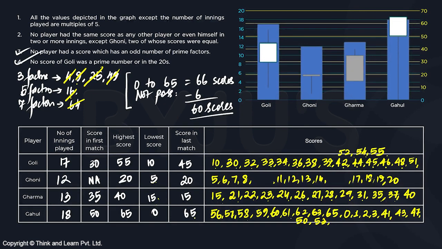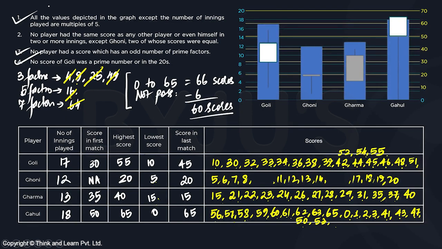Let's count how many are there. 1, 2, 3, 4, 5, 6, 7, 8, 9, 10, 11, 12, 13, 14, 15, 16, 17, 18. So 18 of Gahul is also completed. So these are the scores that they will be scoring, wherein Goli will be playing 17 innings, Goni 12, Garma 13, and Gahul 18.